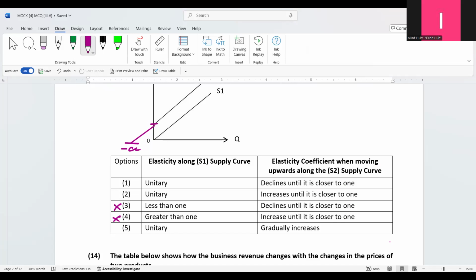Declines until it's closer to 1. Yeah, that should be correct actually, the first answer. It keeps decreasing until it becomes closer to 1, never becomes 1. Always more than 1, but the value keeps decreasing, never becomes 1. So the correct answer would be number 1. Okay? Yes, number 1.